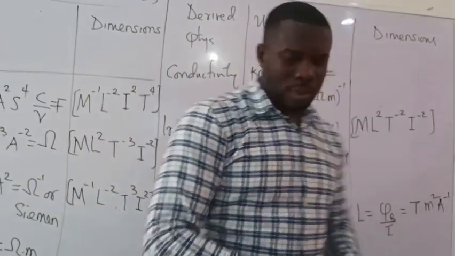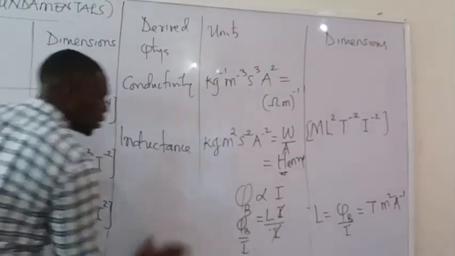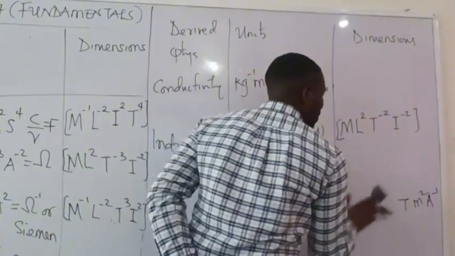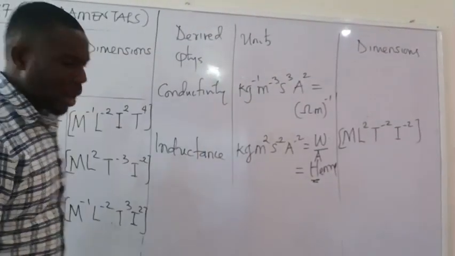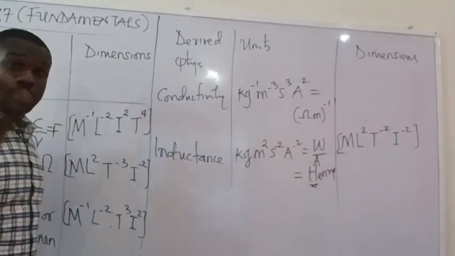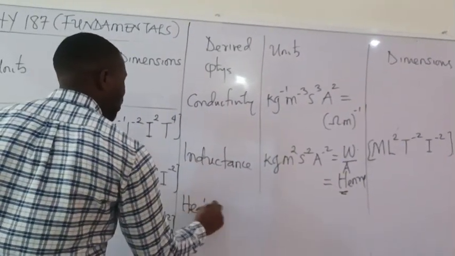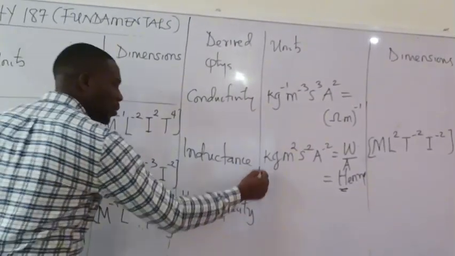And of course, there are lots more of these to explore. You have heat capacity. It becomes specific heat capacity when we are particular about a given unit, which could be a gram or a kilogram. So we'll talk about heat capacity. Heat capacity has the symbol little c.